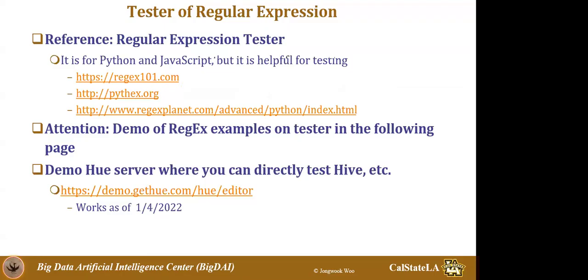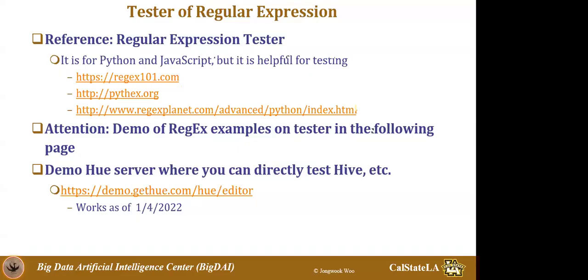Even though you know the definition, if you have a test tool, that will be very helpful. So I put three test tools that are mostly for Python and Java and JavaScript. But still, when you use HiveQL to write a regular expression, these three links, these three websites should be very helpful.